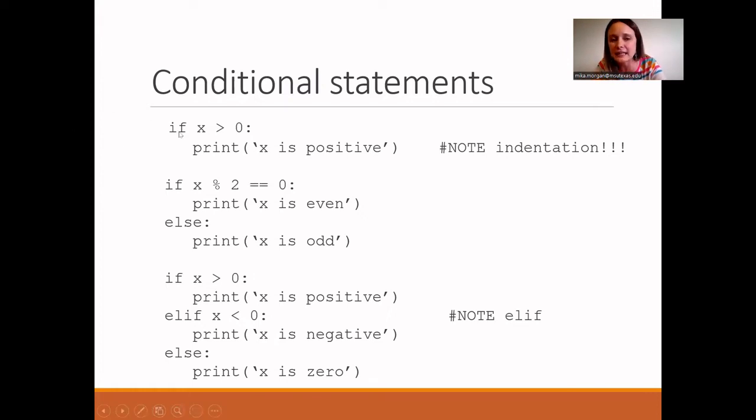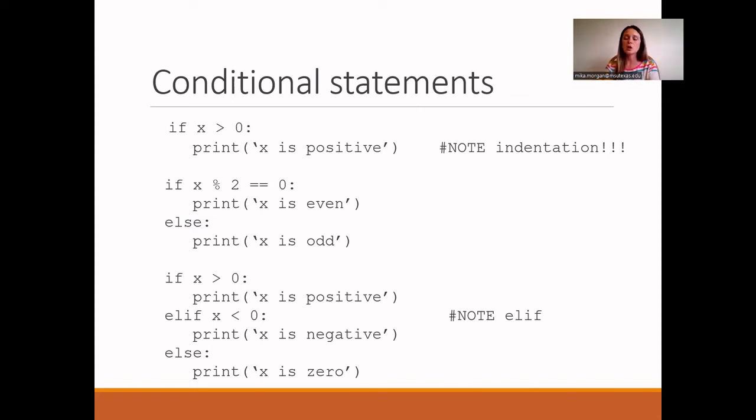And it says, if this is true, then do all of these things, all of the commands that are indented over. If it is not true, ignore it and move on with your life. So that would be if you want it to do something based on one condition. And if that one condition is not met, it doesn't matter. You don't need to do anything. You can just ignore it.